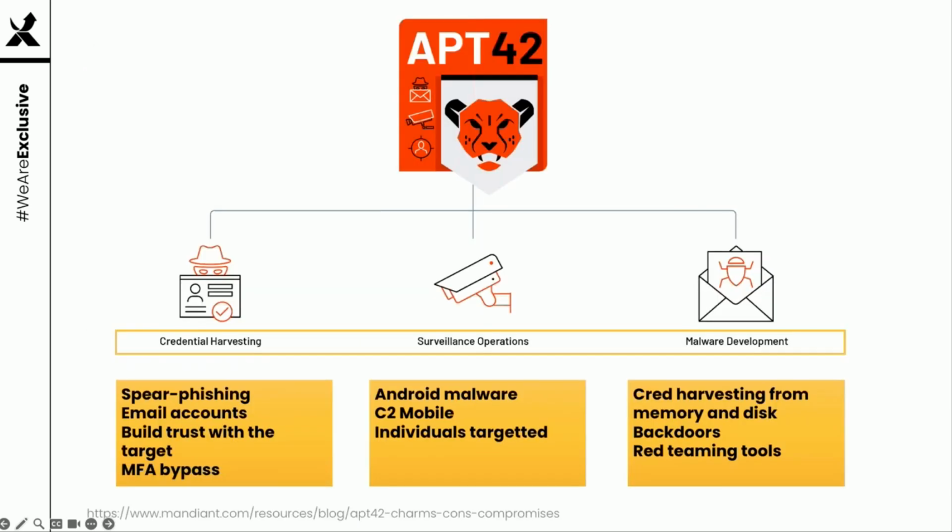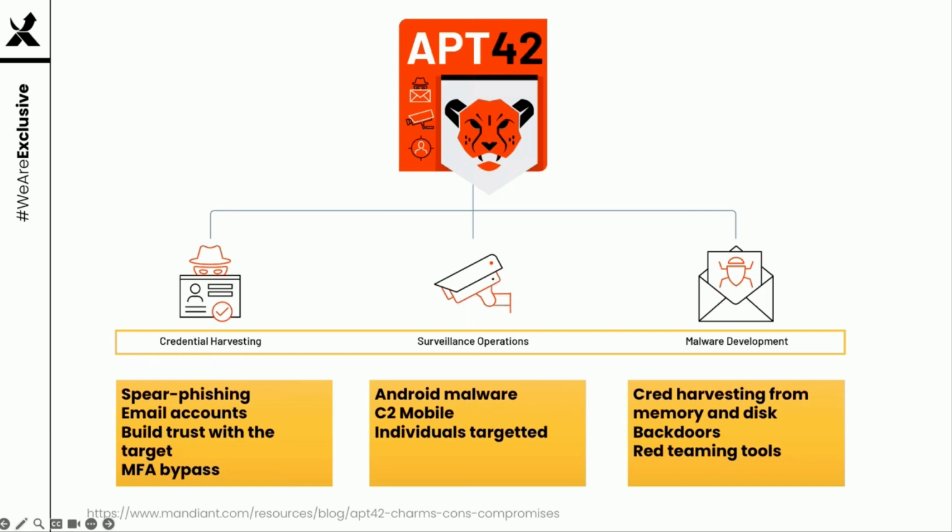Another example is APT42. APT42 is different. They are in the surveillance category, let's say. So they do a lot of stealthy operations to target and monitor individuals, which they do by installing malware on their Android mobile devices.